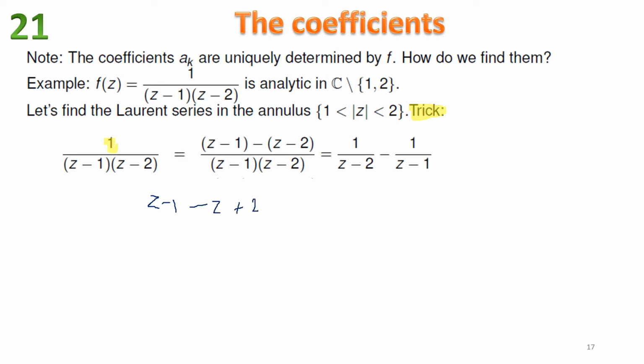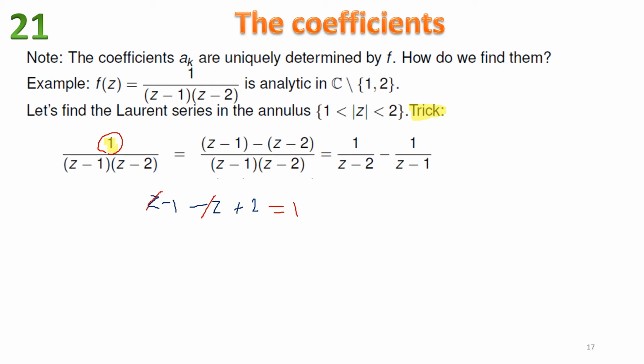So this z is eliminated and minus 1 plus 2 becomes 1. So this 1 we have written in a smart way as (z minus 1) minus (z minus 2).